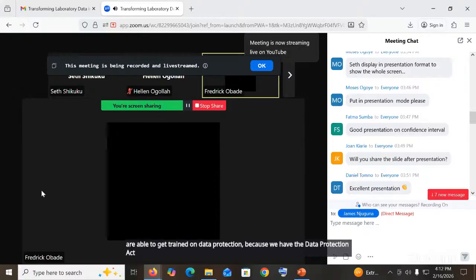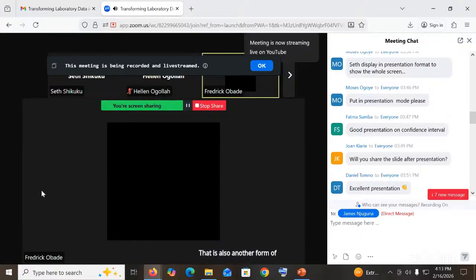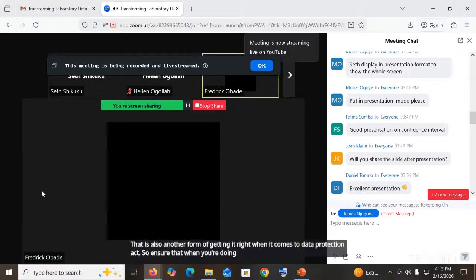And of course, once you've gone through the research ethics, that is also another form of getting it right when it comes to Data Protection Act. So ensure that when you're doing that, any research you want to publish, for example, even within your hospital, ensure that the hospital management is notified about it.